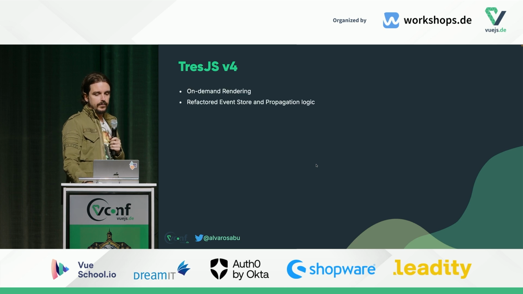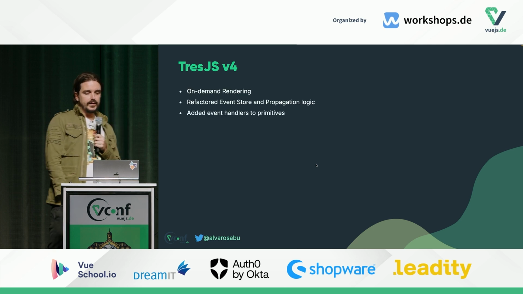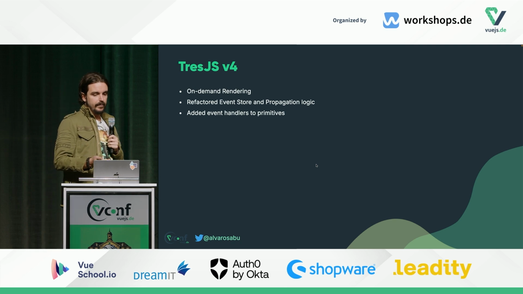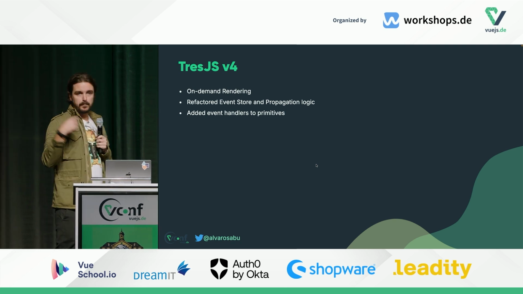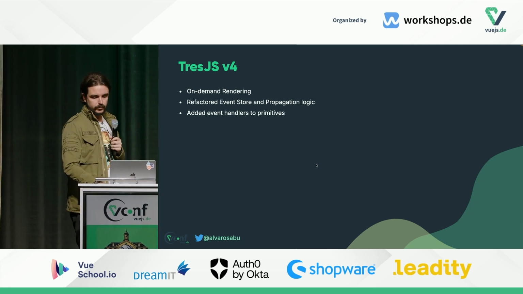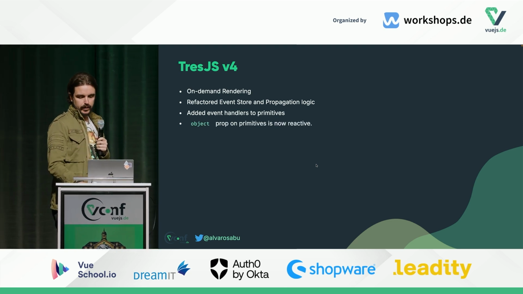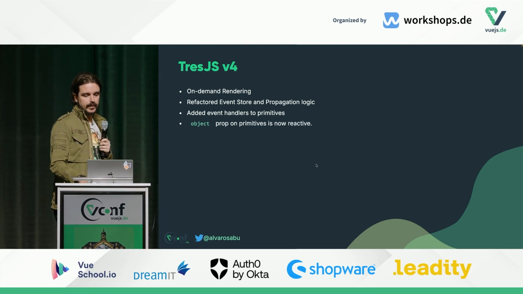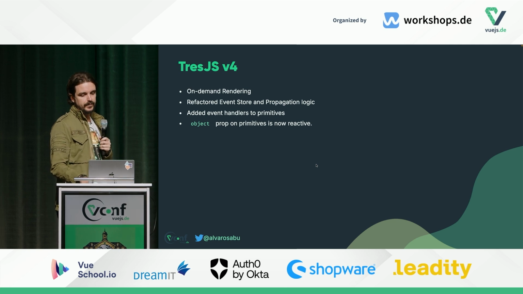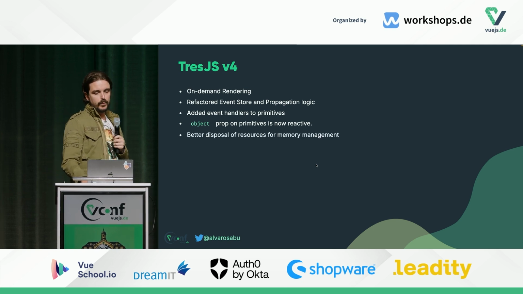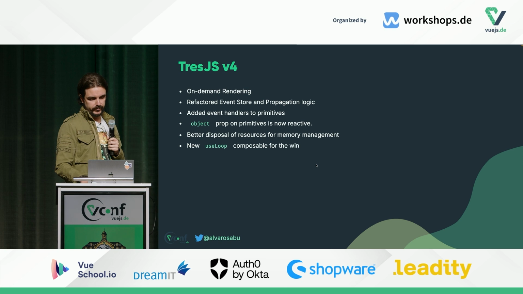So we did on-demand rendering. We refactored the whole event system and propagation logic to be more similar to what you do in the DOM. We added event handlers to primitives. I'm going to talk about that later. The object prop on primitives is now reactive. And we worked a lot on the disposal of resources.